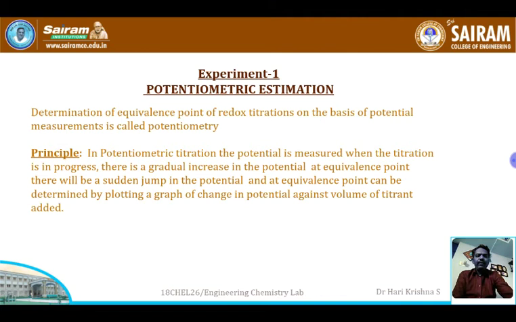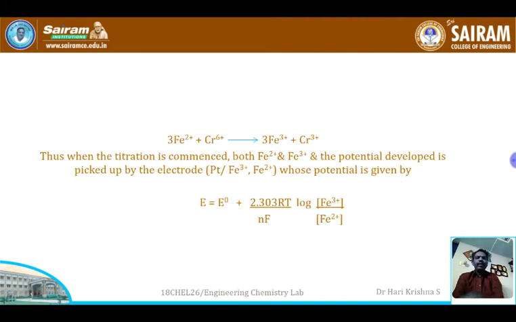When we add 0.5 ml of dichromate from the burette to the beaker, the ferrous, that is Fe2+, gets converted to Fe3+. That is oxidation: Fe2+ gets oxidized to ferric, whereas chromium, which is present in the form of Cr6+ in potassium dichromate, gets reduced to Cr3+.